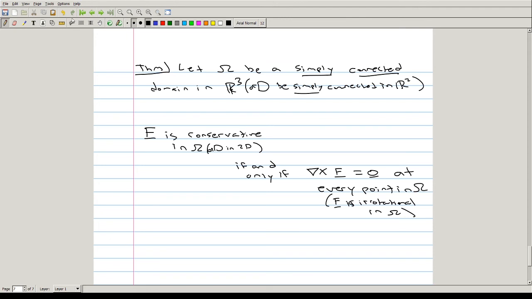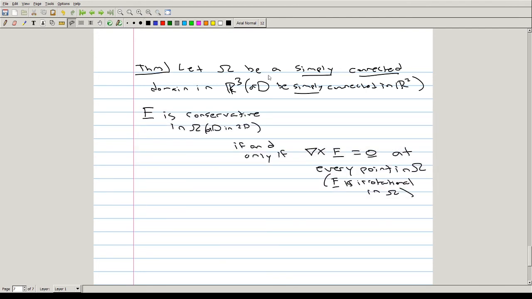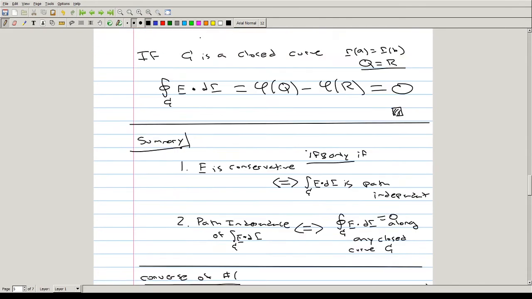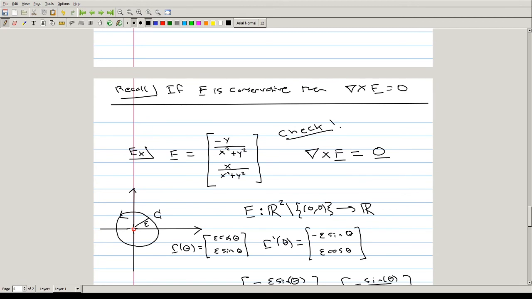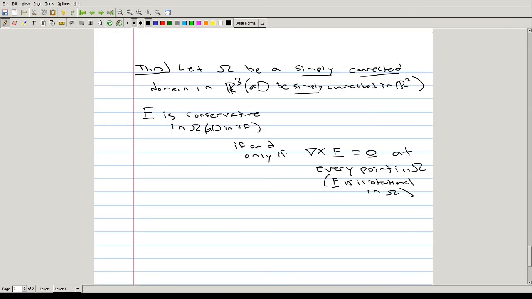So this is a big theorem, and it's very, very important, as we've seen from the previous example, that this region be a simply connected region. But if this is the case, then we do have, by implication of this statement right here, our previous theorem on conservative vector fields, which is really nice and very, very useful. But we can't prove this yet.